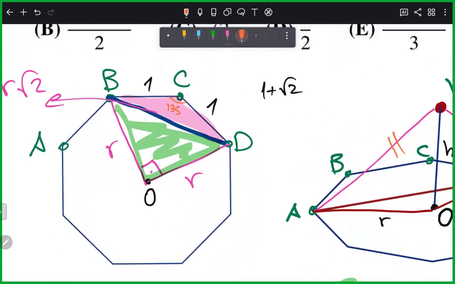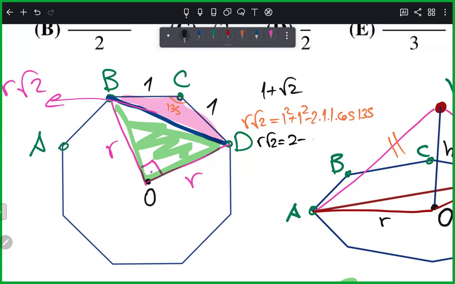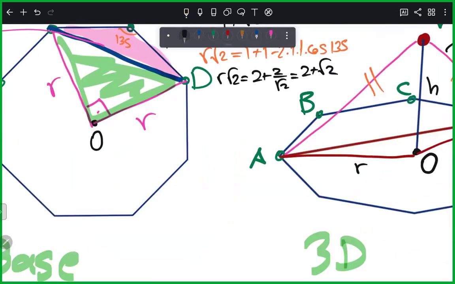When we do it, we obtain R root 2 equals 1 squared plus 1 squared minus 2 times 1 times 1 times cosine 135, which simplifies to 2 plus root 2.